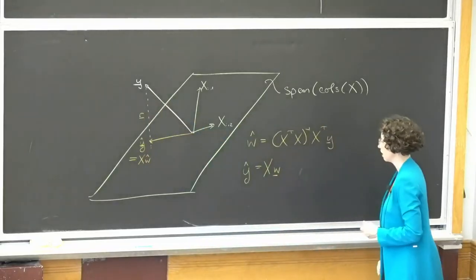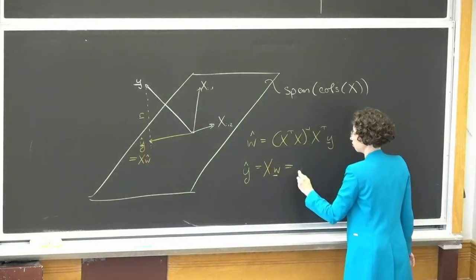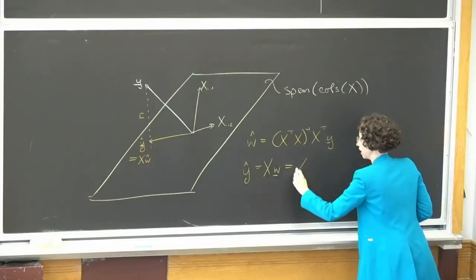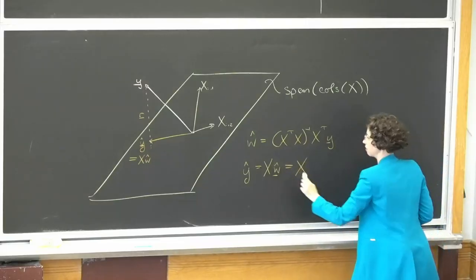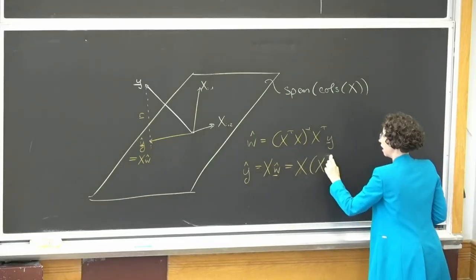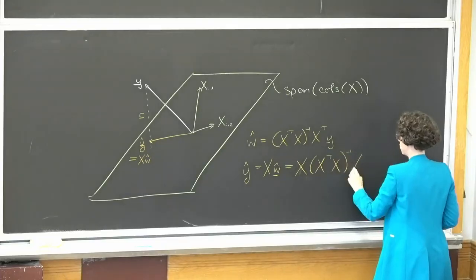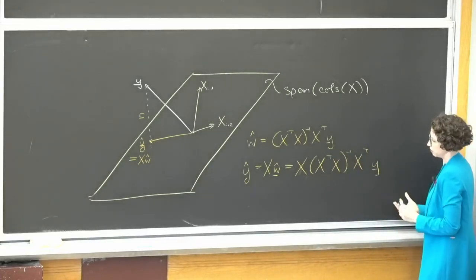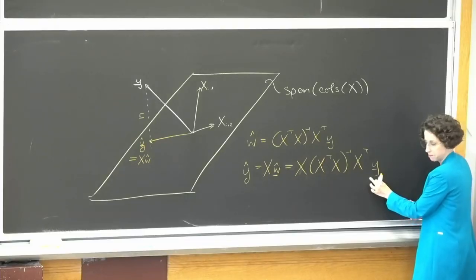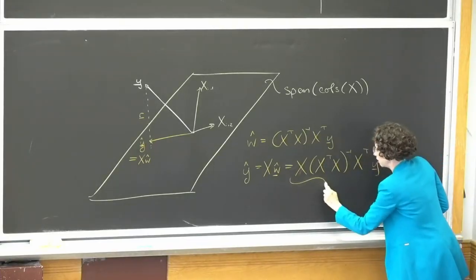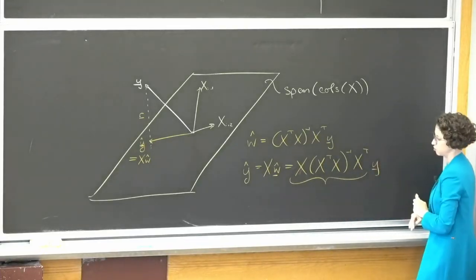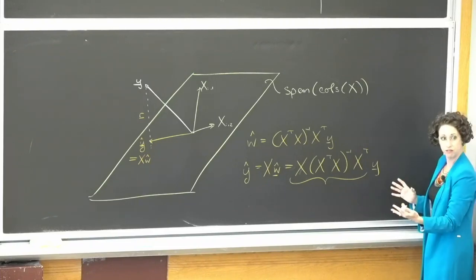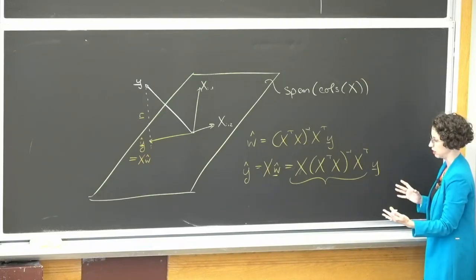If we were to expand this out, I've got X, and then I put in my w hat, so now I've got X transpose X inverse, X transpose y. What I'm doing here is taking my label vector and multiplying it by this big matrix that's composed of all the features that I've collected in my training set.